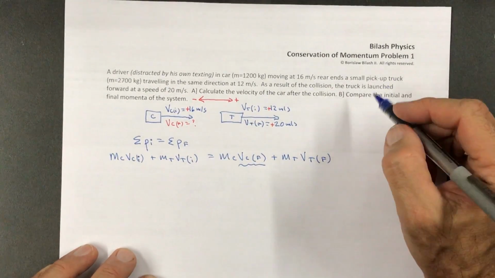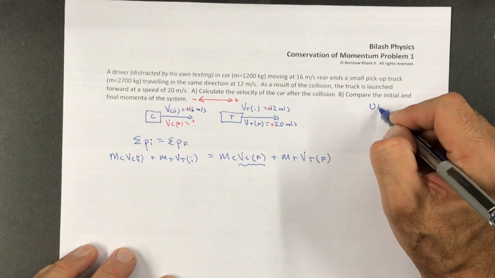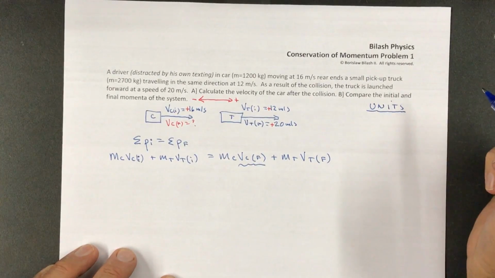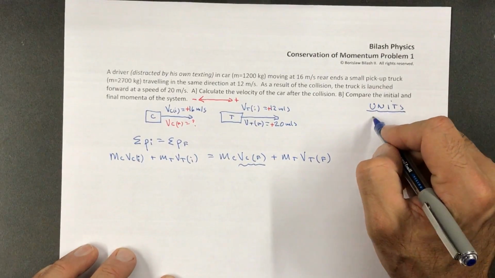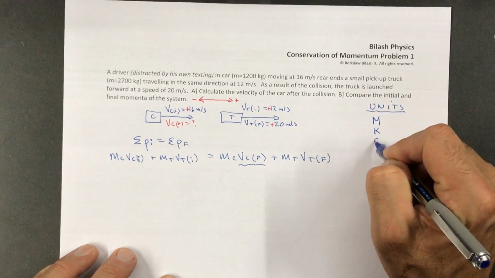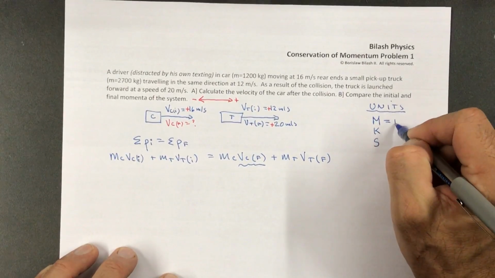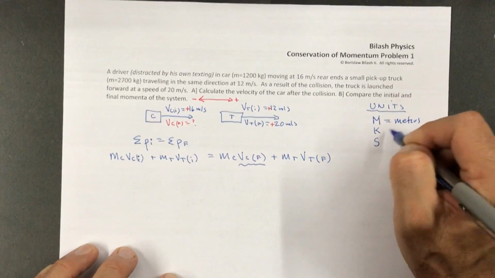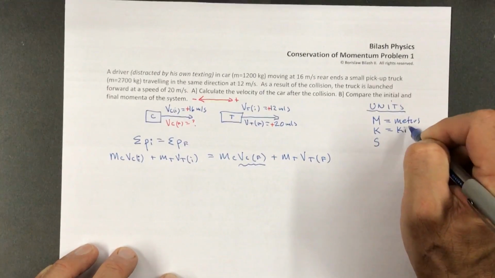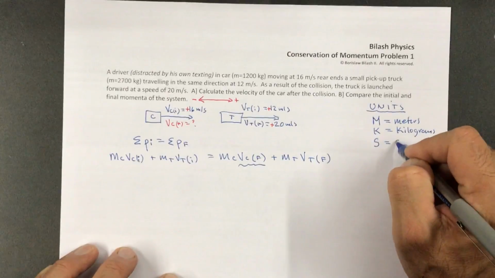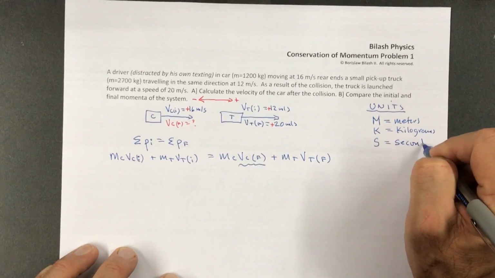Now I do want to point out something about units. When we calculate things in physics, we typically use what's called the MKS system, or subsystem of the metric system. M stands for always measure in meters, K stands for always in kilograms, and S means always in seconds.